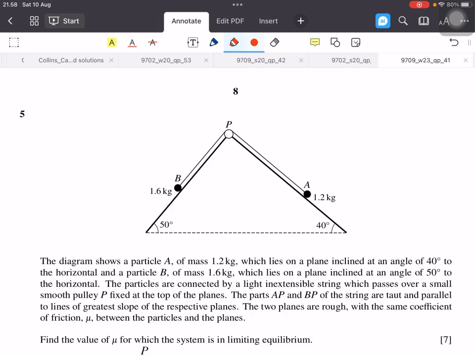The parts AP and BP of the string are taut and parallel to the lines of greatest slope of the respective planes. The two planes are rough with the same coefficient of friction mu between the particles and the planes. Find the value of mu for which the system is in limiting equilibrium.